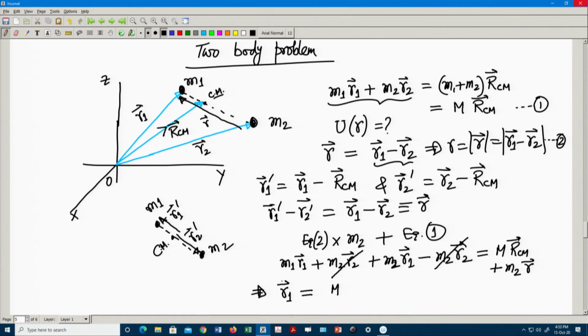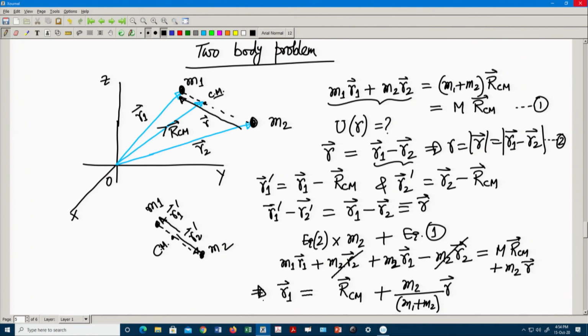So, I am now writing the expression for r1. So, M goes with M in rCM. So, this gives me rCM plus m2 upon m1 plus m2, or capital M, times r. So, I can write r1, and similarly I can write r1 prime.